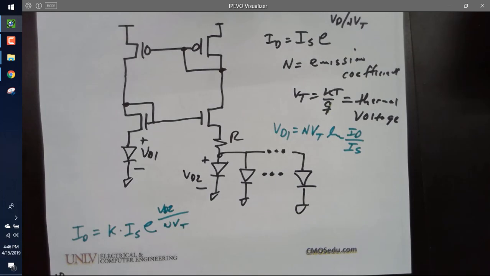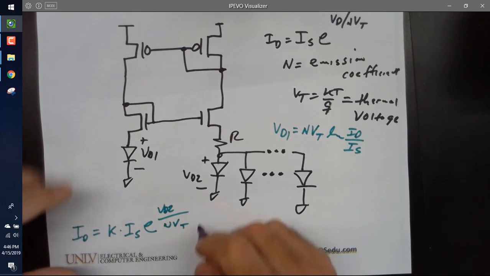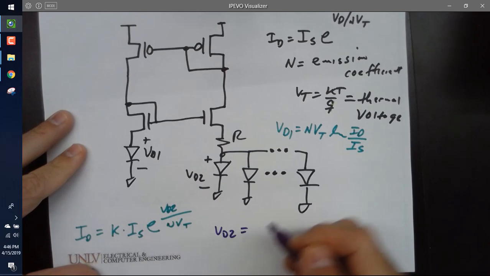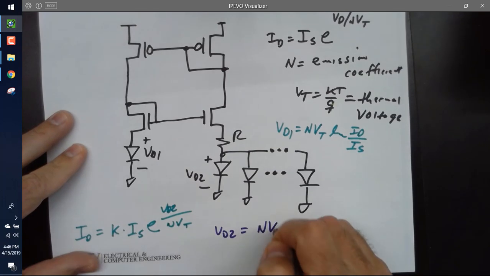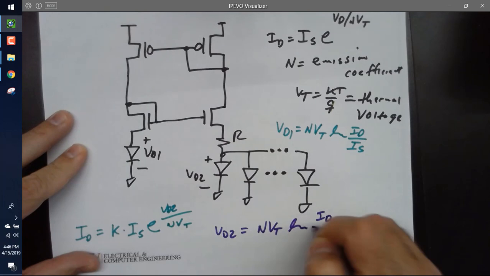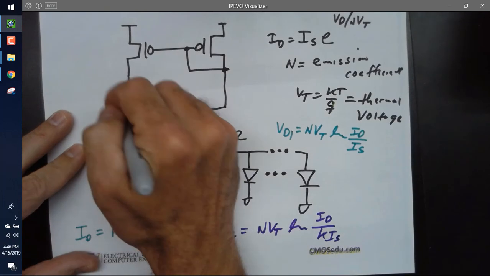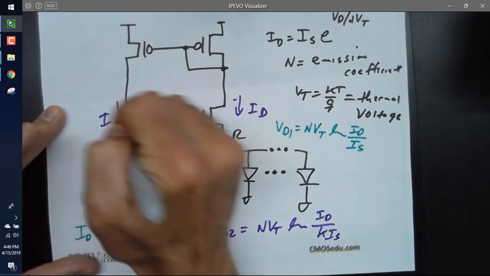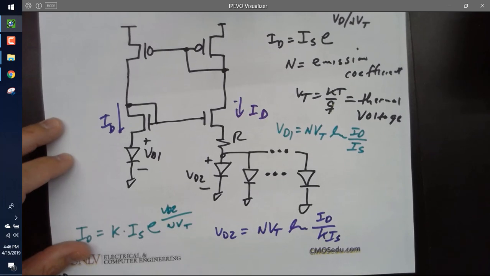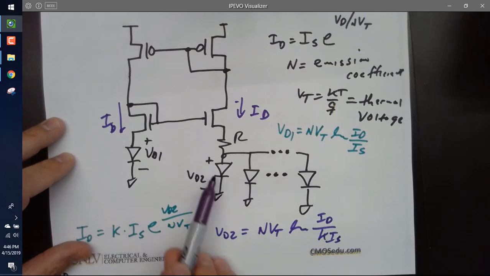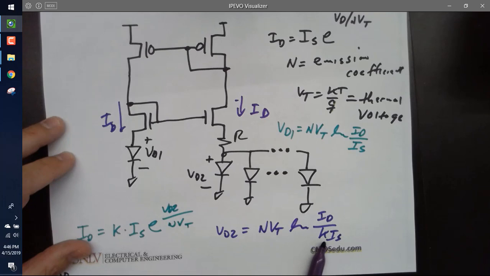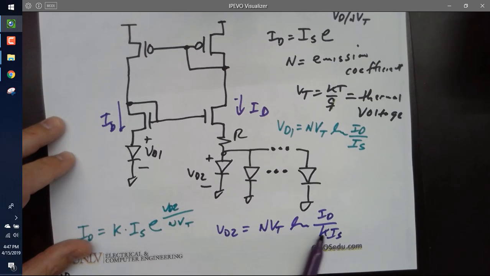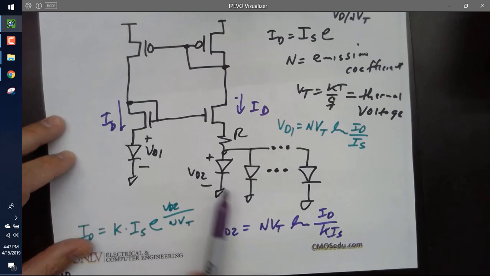Does everybody agree that that would increase the scale current because I have a bigger area, bigger cross-sectional view? So would everybody agree then that I could write V diode 2 is equal to NVT natural log of ID over KIS, and that the current through both sides is the same? Don't get confused, even though there's K of them in parallel, they have an effective scale current or saturation current that's K times larger.